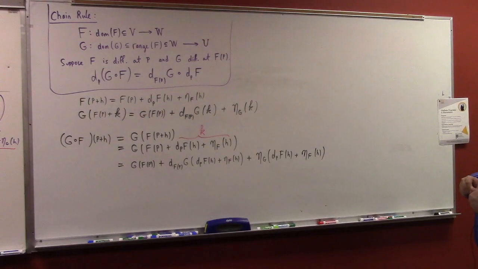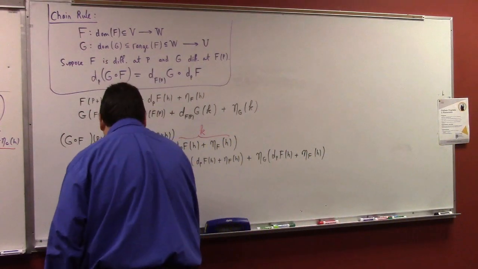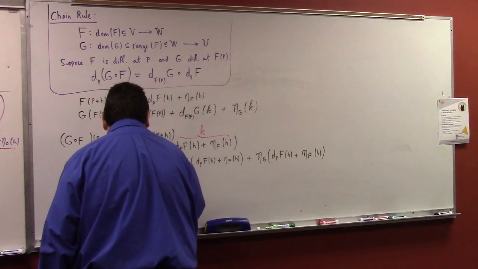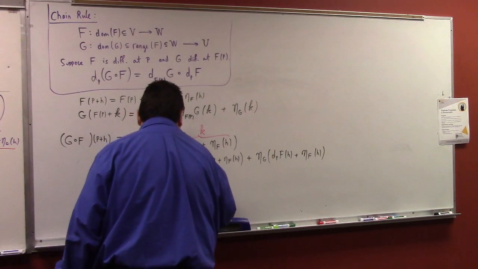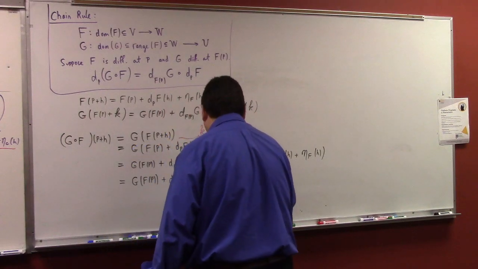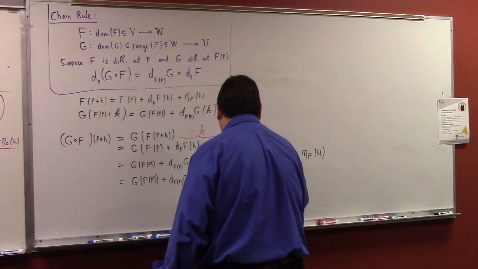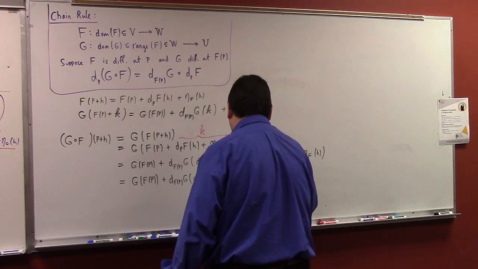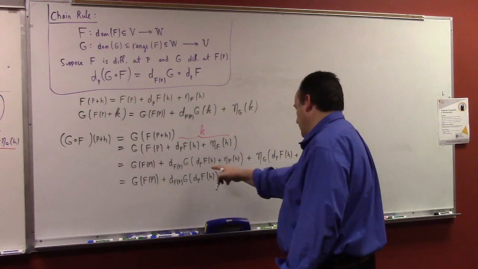Now, then what? Well, the differential is linear, right? So to start with, we have g of f of p plus the differential at f of p of g of the differential at p of f of h, plus the differential at f of p of g of the differential of eta sub f of h, right?